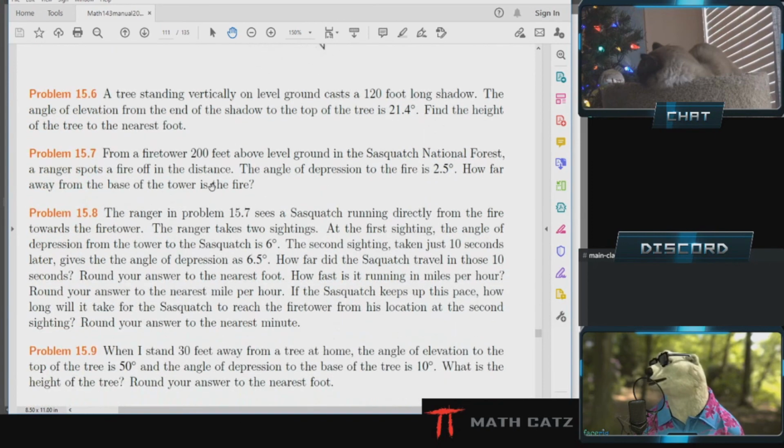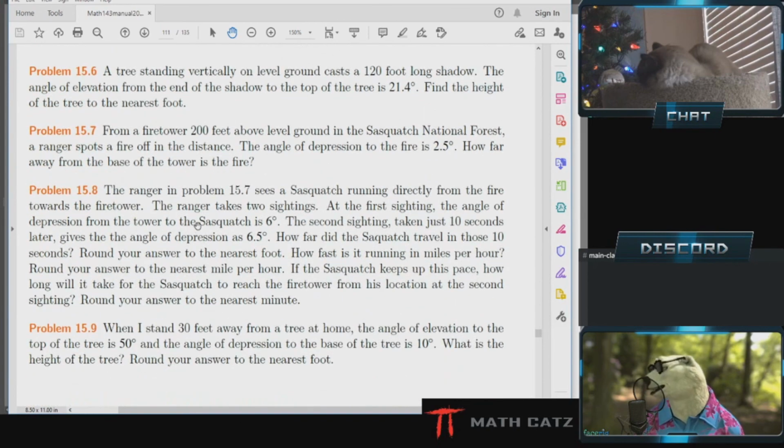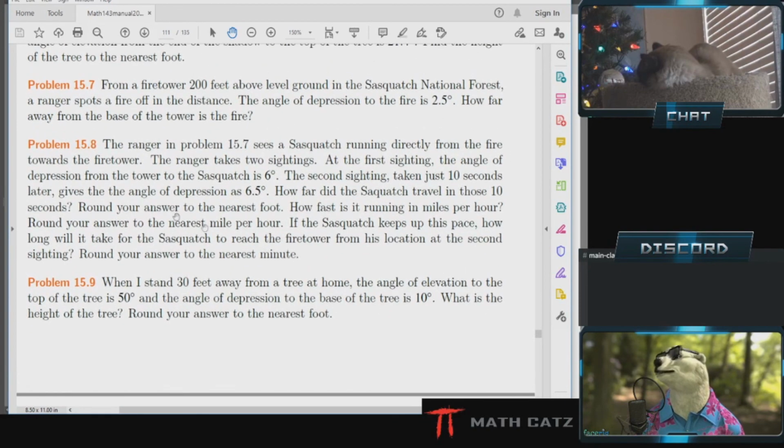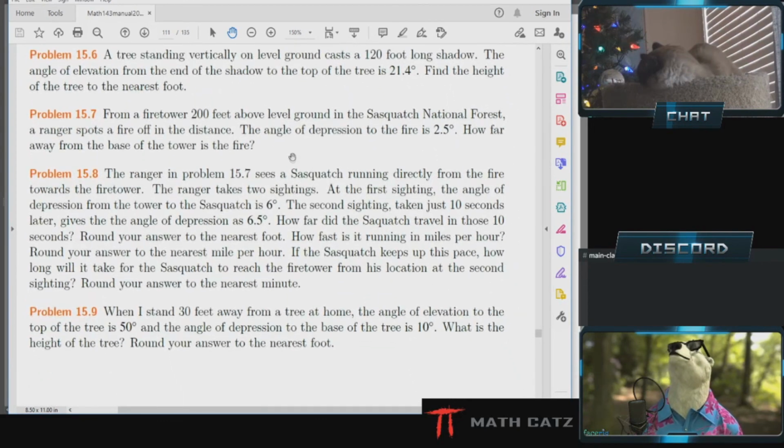You'll see that we discussed the first problems already. You'll see that there are a few word problems. I tried to make some a little bit more interesting. If you don't like 15.8, it's too much for you, that's okay, just leave it until the end. Build up to it.